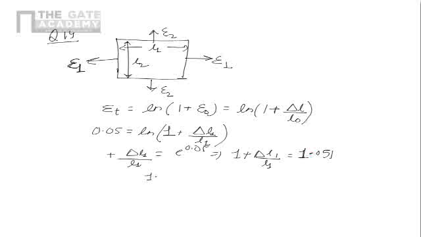So L1 plus delta L1 is equal to 1.051 into L1. That is the first increased length, the final length of the bar.